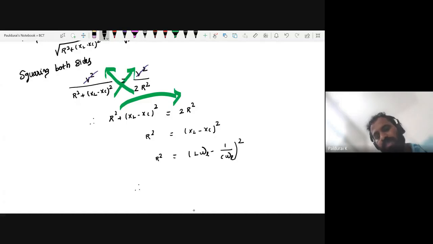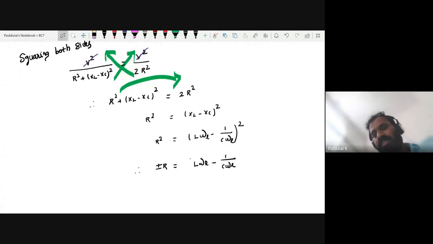Therefore this is plus or minus R. For frequency you want to consider only the positive value here, so there is no need of plus or minus. So plus or minus R equals L omega L minus 1 by C omega L. Take this as equation number 1. Any doubt till now?